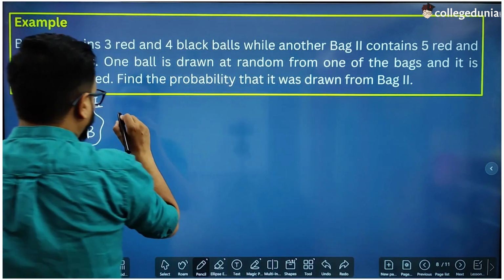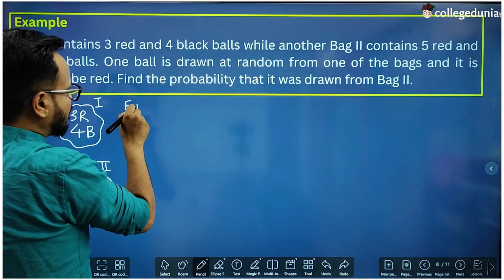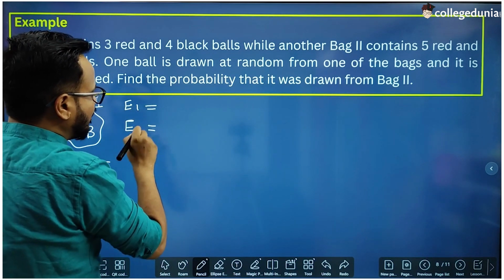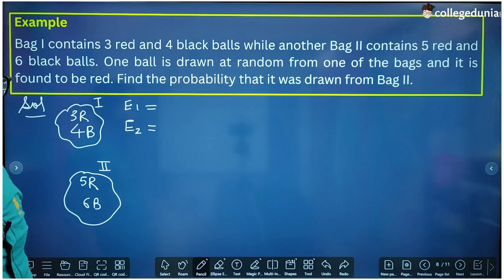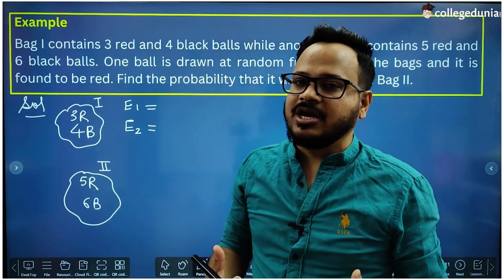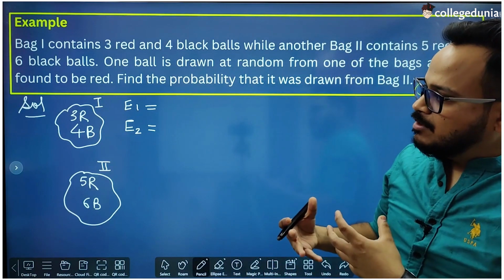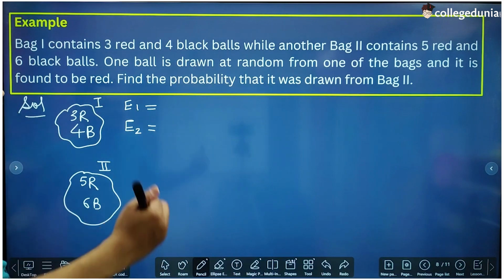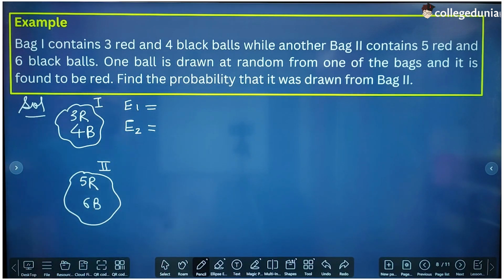Now let us say E1 and E2 are events. These events E1, E2, E3 are very related events. So in the question you will find 2-3 events which are very closely related to each other, and there will be one event which is different from them. That event will be A, and these closely related events are E1, E2, E3 up to En.